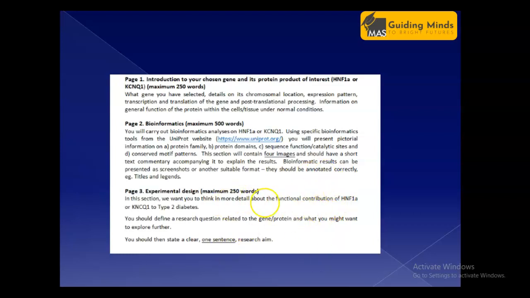So HNF1 is the gene that is located in the hepatocytes, and KCNQ1 is the gene that is present in the ion potassium channels. So we have to provide an experiment where we have to predict how one of the genes is impacting type 2 diabetes, because both are involved in the process of type 2 diabetes and its metabolism.